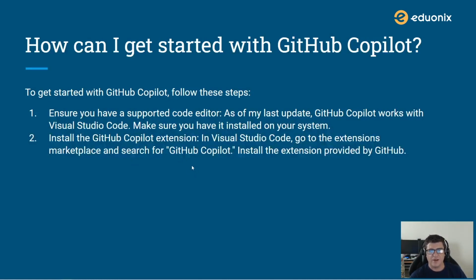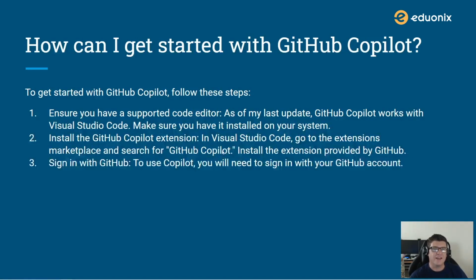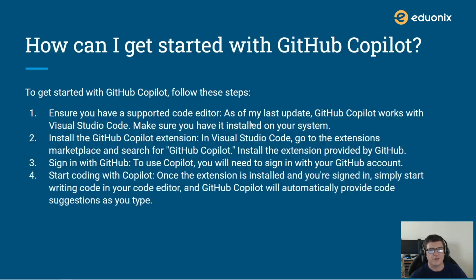Again, next video, I'll be walking you through how to do that. Finally, if it's your very first time installing and using this extension, it will ask you to sign in with GitHub to verify your account. You'll probably have to do that in the browser. And once you've gone through that, you are ready to start coding with Copilot.